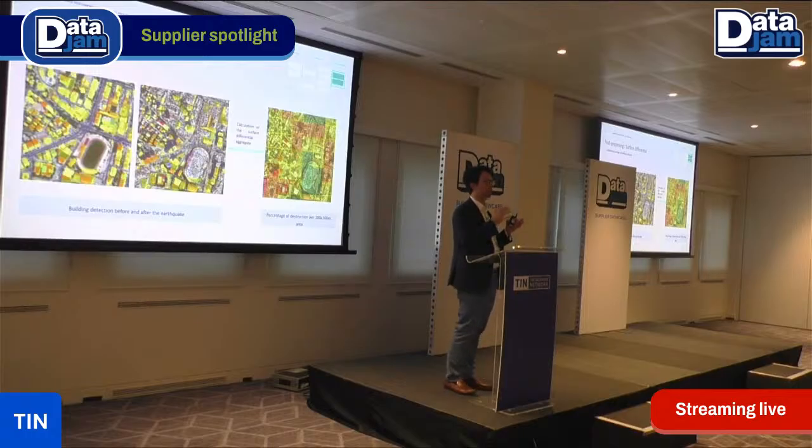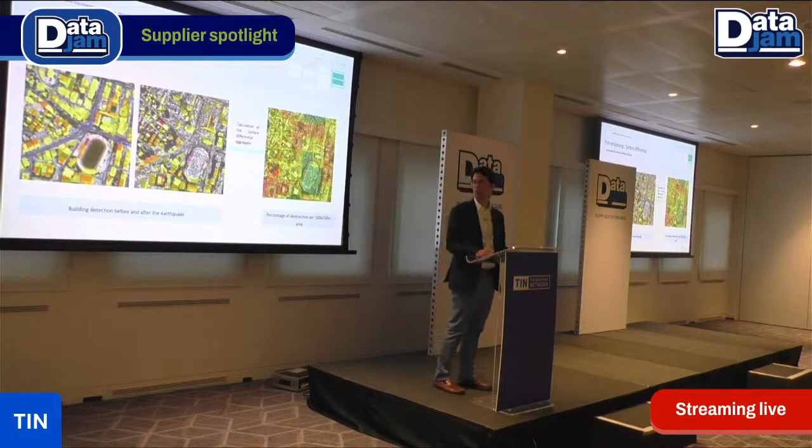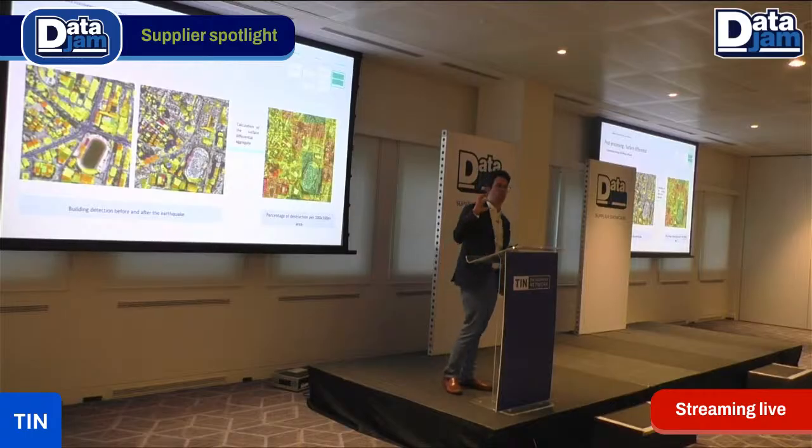And that allows you to go, again, pre versus post, estimate the area of the roof before and the area of the roof after, and calculate what proportion of the buildings have been destroyed, because you can see where there were roofs before and not after. And this gave us a more accurate view of the extent of the damage in these very small areas.